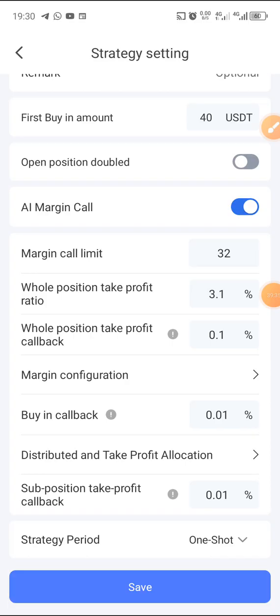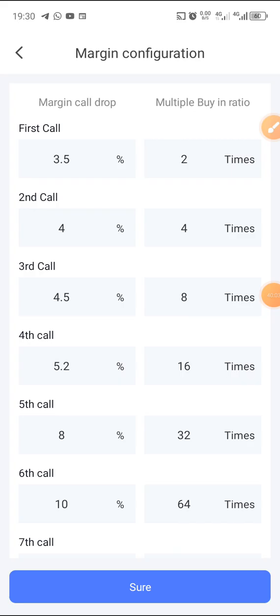So we come on the margin configuration. This is where I want you to put your focus, because you are providing your settings to the robot, how your robot will behave when the prices go high or when the prices go down. It's just a mathematical play, okay? How do you want your robot to perform? So you come on here.